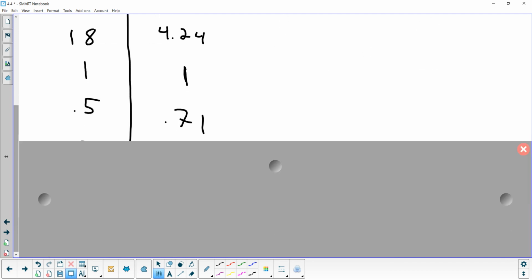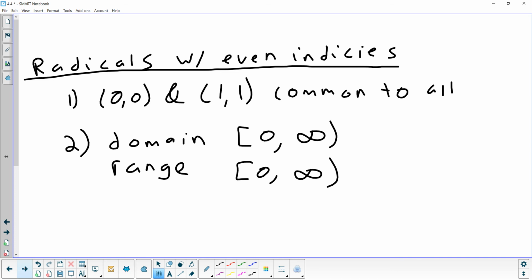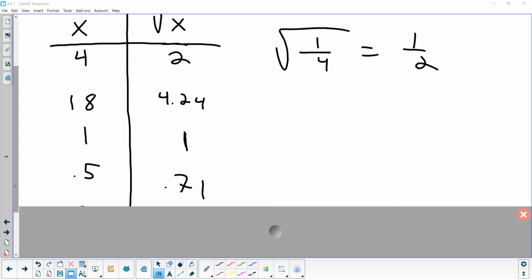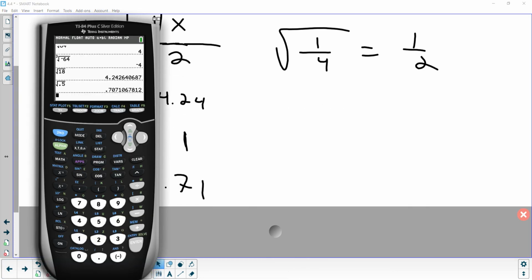So let's take a look at 2 roots. Let's look at the square root of x, and let's look at the 4th root of x. Not sure if we've talked about it, but this would probably be a good time.